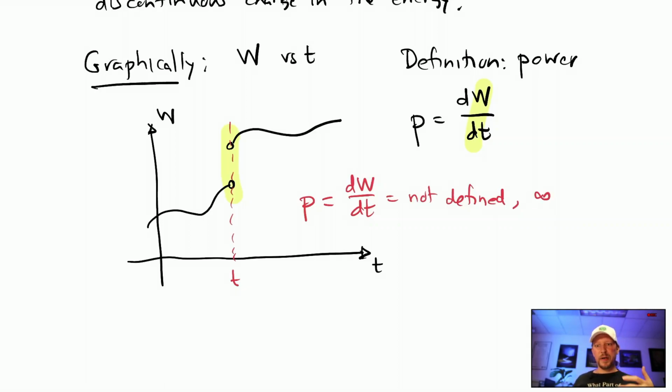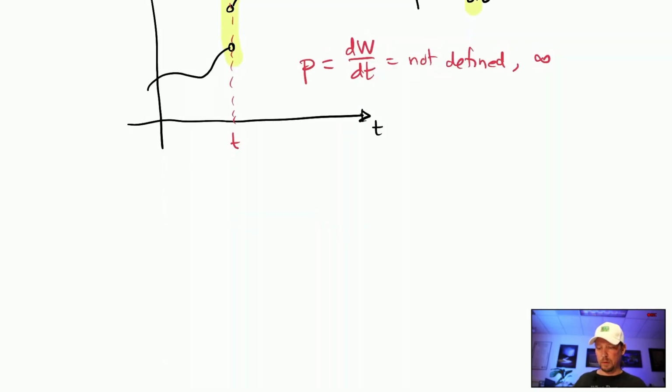Now, in order for there to actually be this jump in the energy, you would have to either supply an infinite amount of power or an infinite amount of power would be supplied by the inductor. This is clearly not physically possible. You cannot have an infinite power, right?